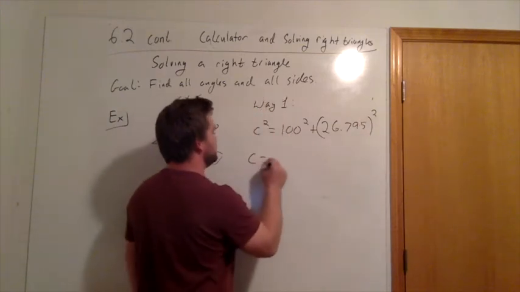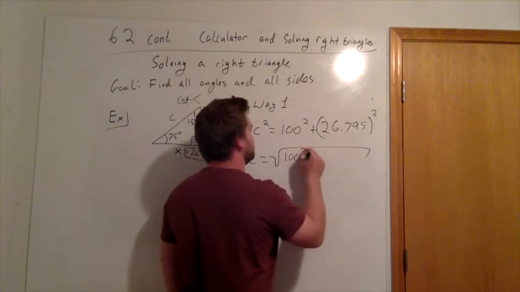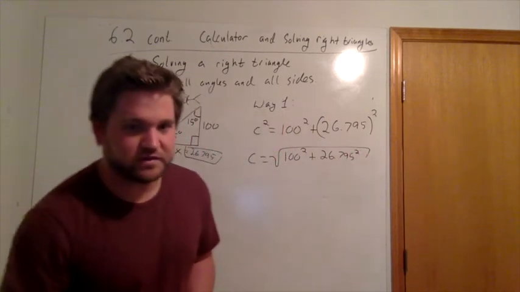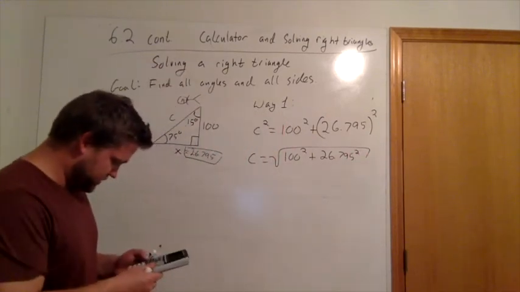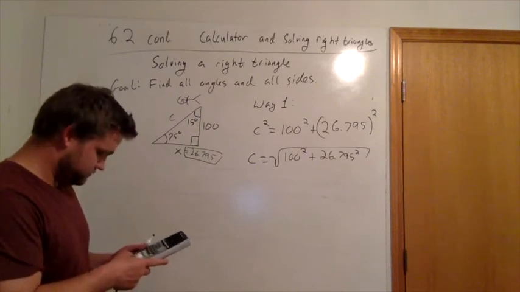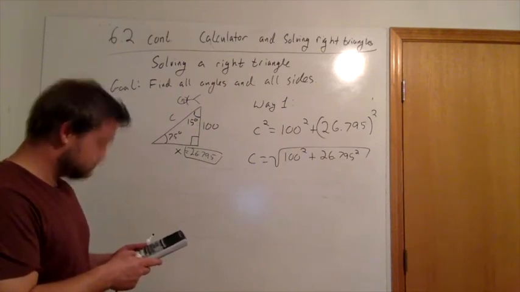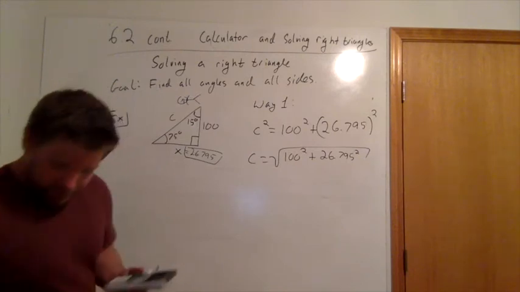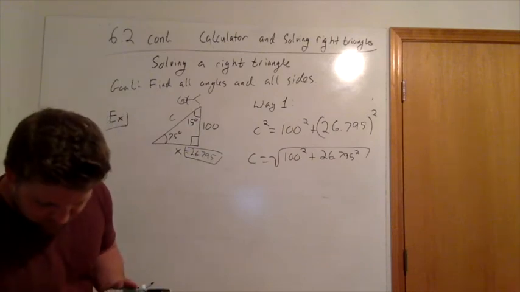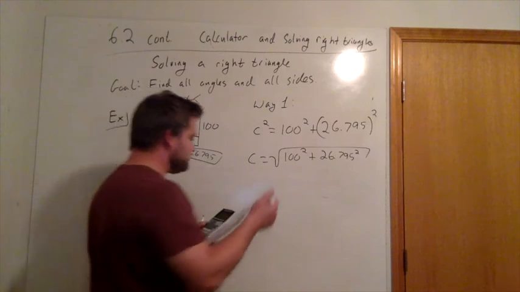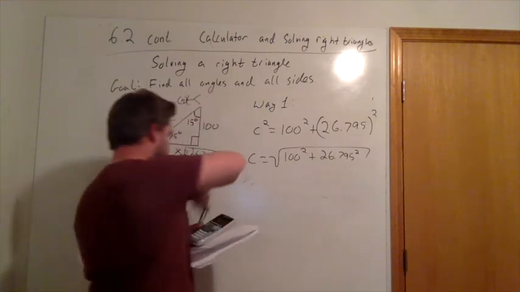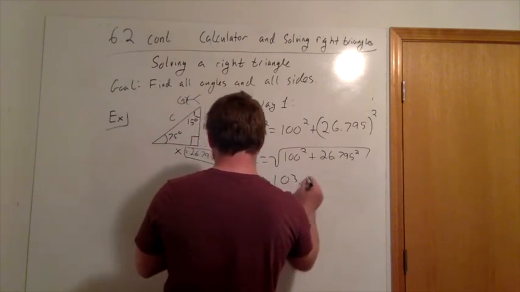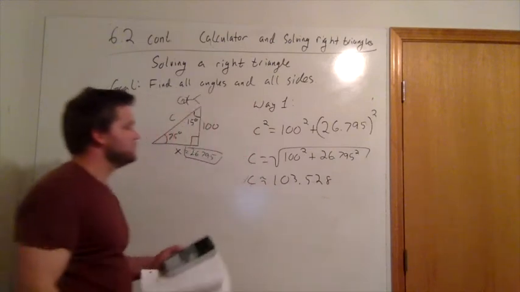So c will be equal to the square root of 100 squared plus 26.795 squared. Let's see what this is. And that agrees with my notes. I'm getting that c is approximately equal to 103.528. So that's one way to do this.